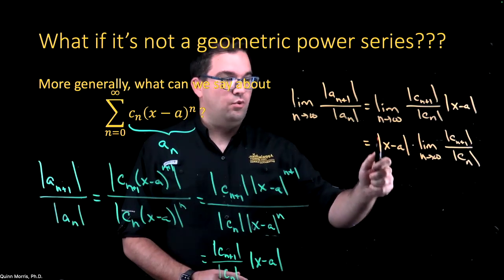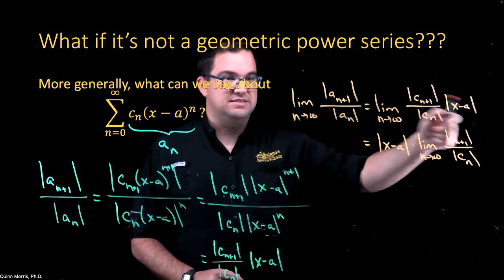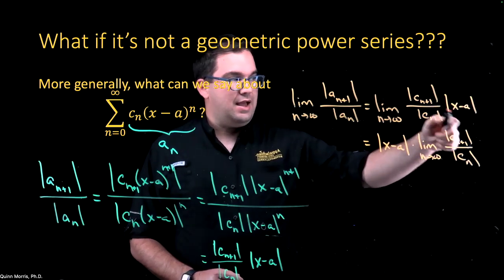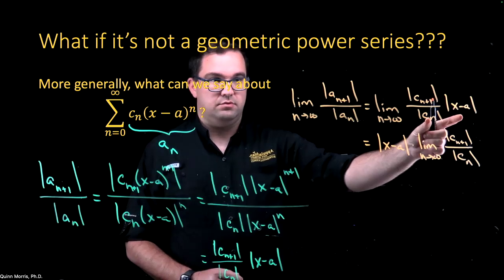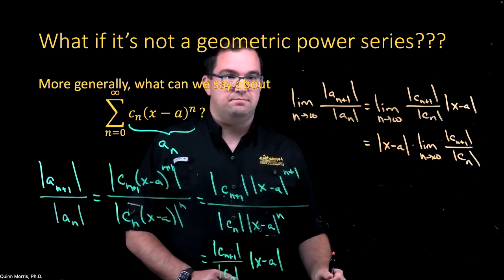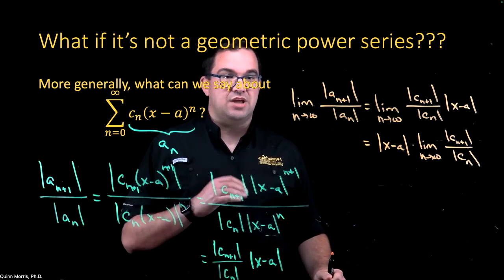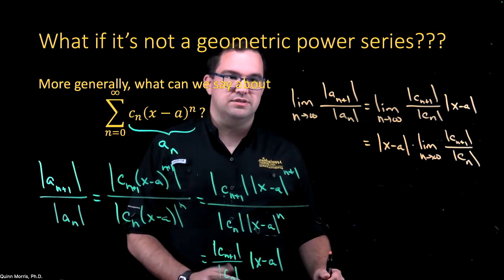When x is equal to a, these terms will be zero. So when x is equal to a, this is actually just always zero. So when this limit is infinite, you get that the series diverges everywhere except at x equal to a, where the series converges.